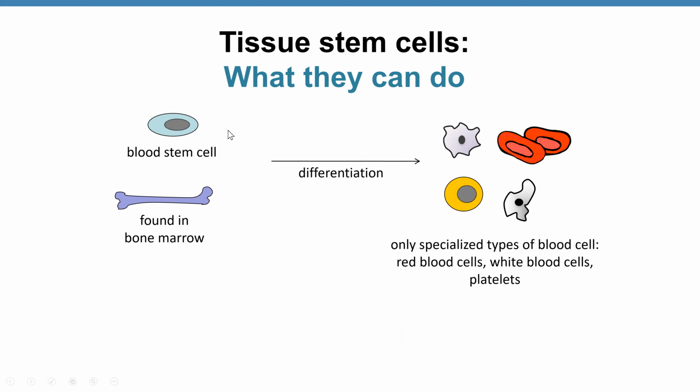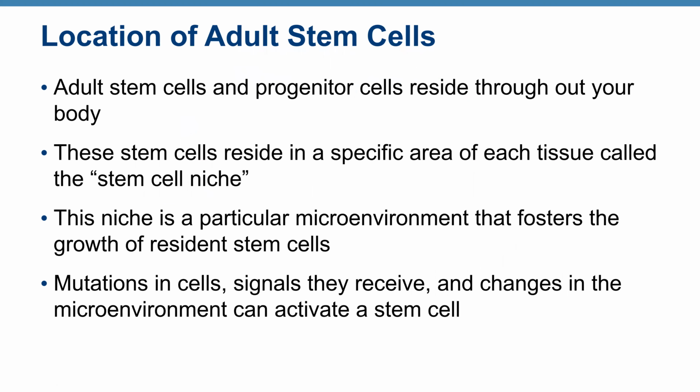For example, if you take blood stem cells, or hematopoietic stem cells, you will find them in the bone marrow. They will differentiate, but only within their specific lineage. So they will create blood cells: red blood cells, white blood cells, and platelets. They are multipotent. They are not pluripotent, and of course, they're not totipotent.